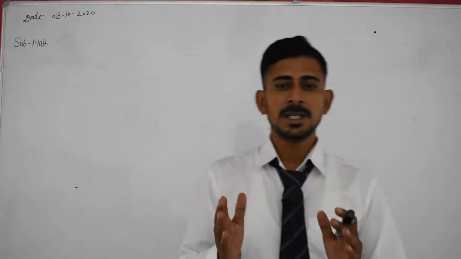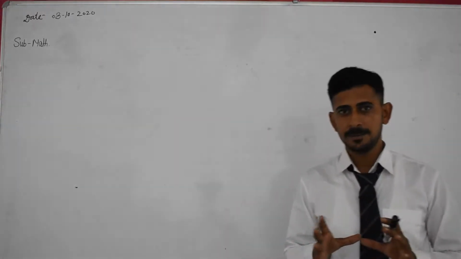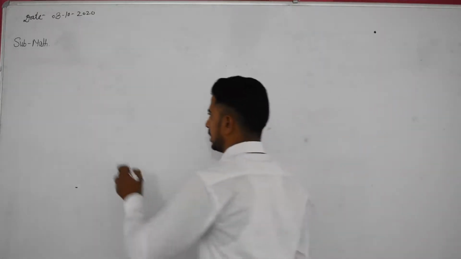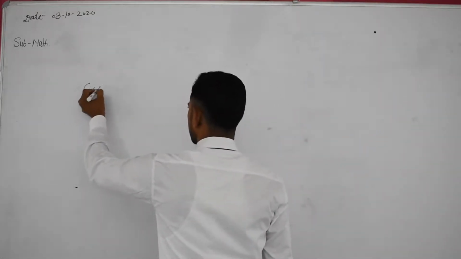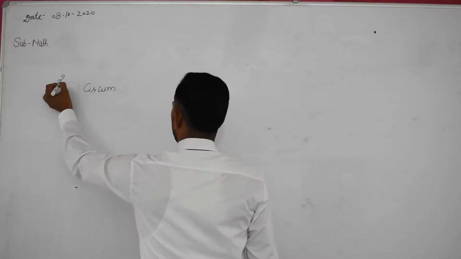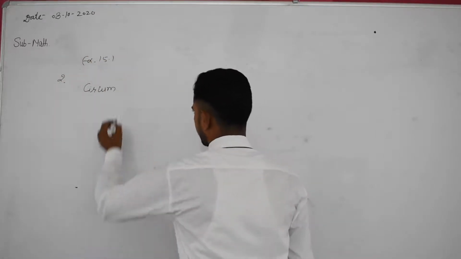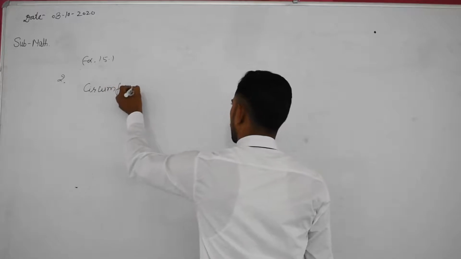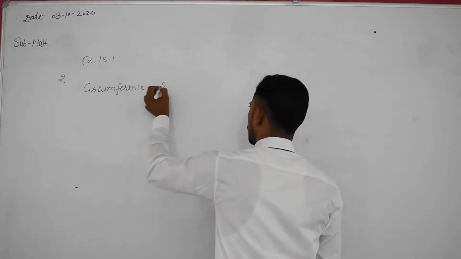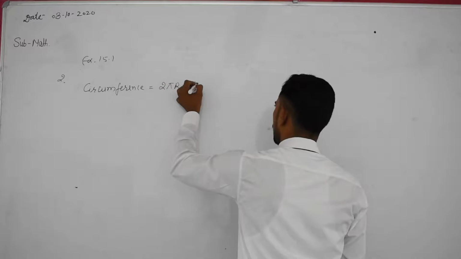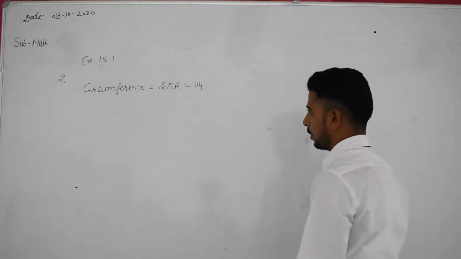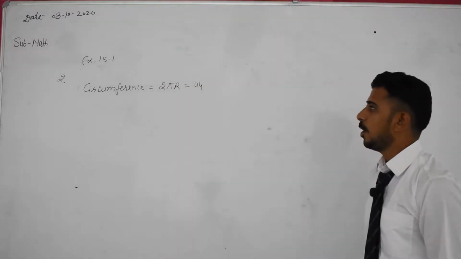It means in this question circumference is given. Second question of exercise 15.1. Circumference is equal to 2 pi r and this value is given equal to 44. Find the area of circle.